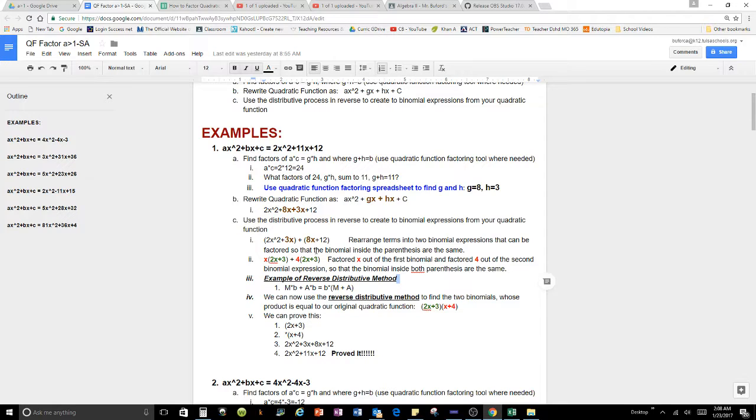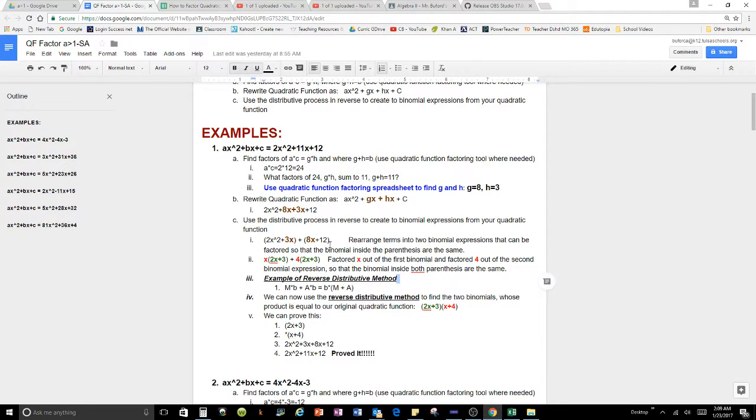And so what we have here now is 2x squared plus 3x, and then we have 8x plus 12. Now what we want to do is see if we can pull something out of this equation, so that everything that's left inside the parentheses looks the same for both of these parentheses.